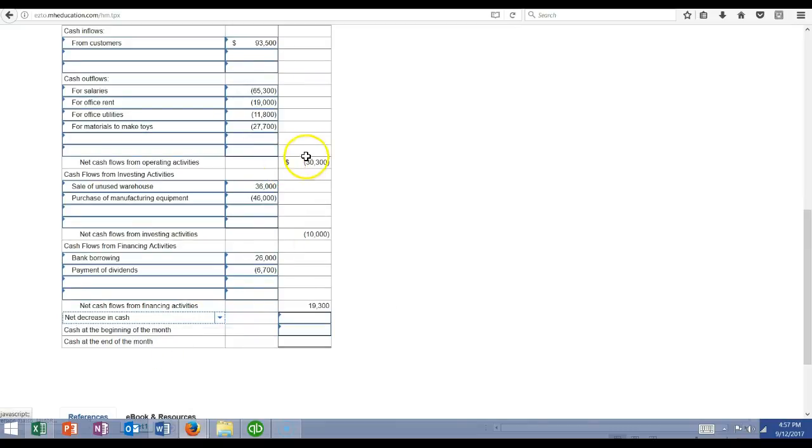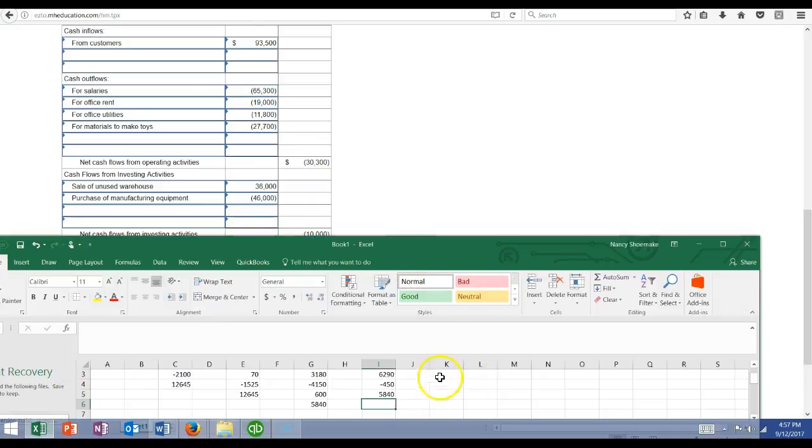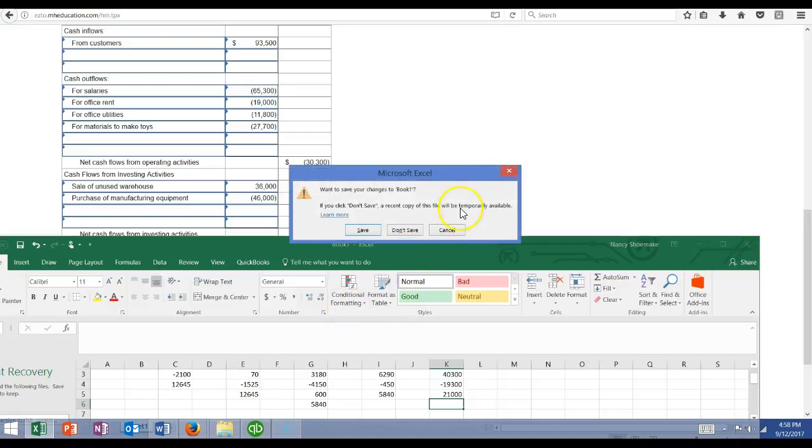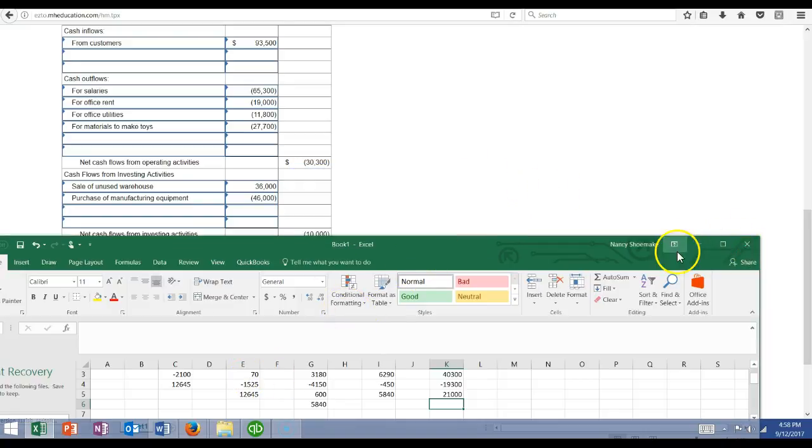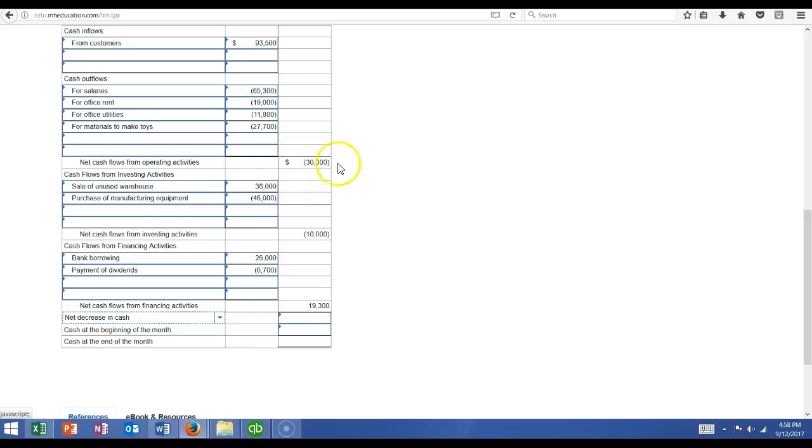So the cash inflows and the cash outflows have a net decrease in cash. $40,300 minus $61,300 gives us a $21,000 outflow. And the reason I'm saying that, this is a minus, this is a minus, this is a positive.